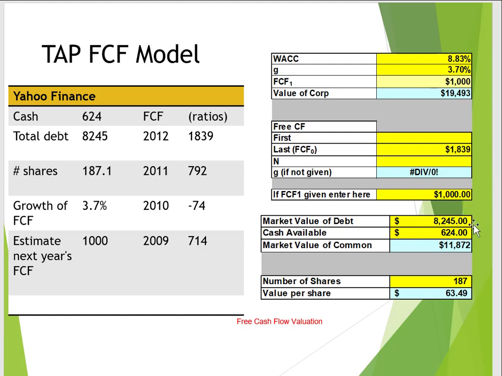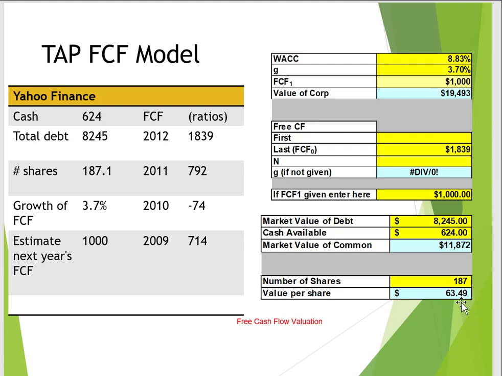The market value of debt for the company, the cash that's available. So the market value of common here is $11,872. Now this is in millions, so that's obviously very big. Divide that by the number of shares, 187. So the value per share for Coors is $63.49. Again, we can do this for each and every company that you can think of out there.